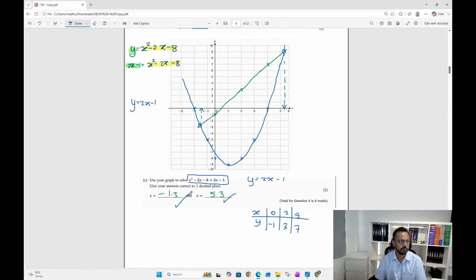I've seen it multiple times in previous papers. The straight line visual comes from equating these two. The right-hand sides are the same, so the left-hand sides are the same. So the intersection of those two really gives you the answer.